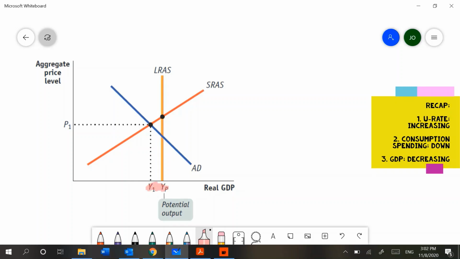As you see from the graph, my current output, Y1, is below my potential output. Basically, what this means is that we are experiencing a recessionary gap.